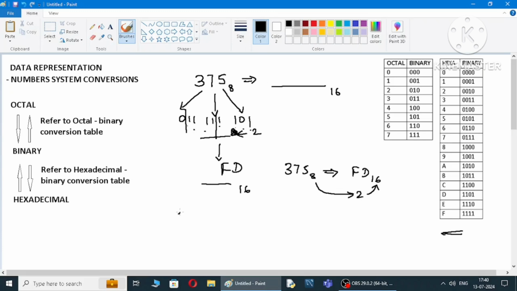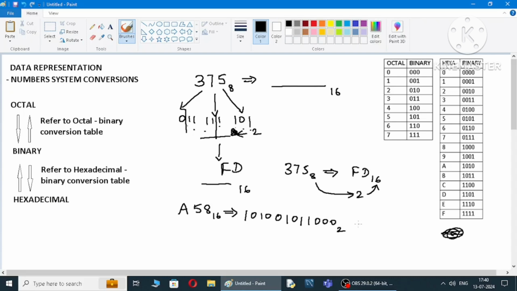Same way, you have the number A58 to the base 16. You need to convert this into octal. How will you do this? First refer to the hexa table and take the binary equivalent. A stands for 1010, 5 stands for 0101 and 8 stands for 1000.